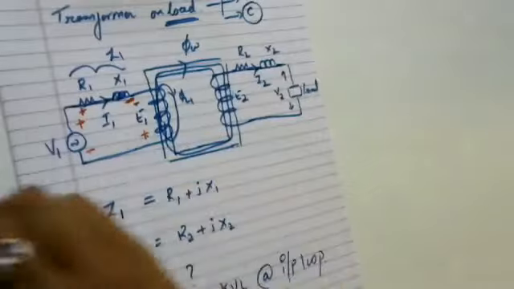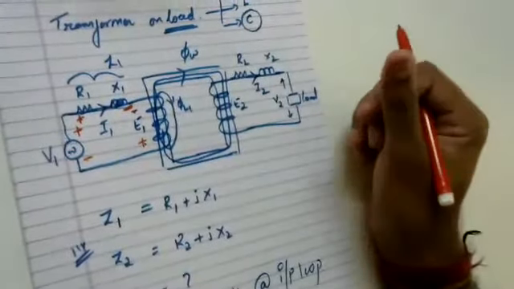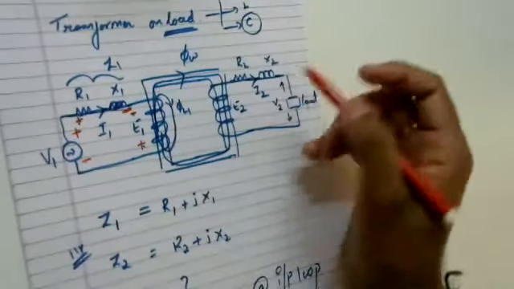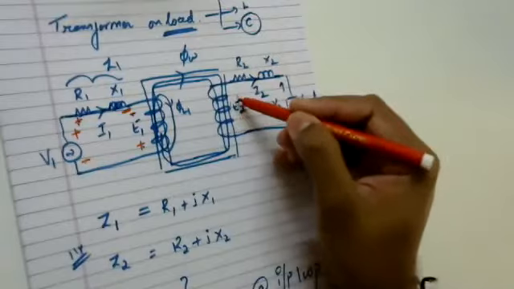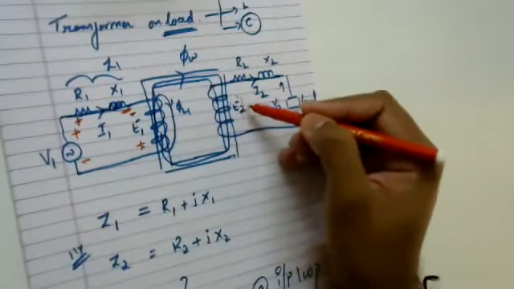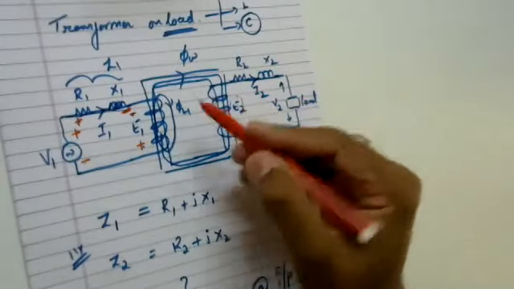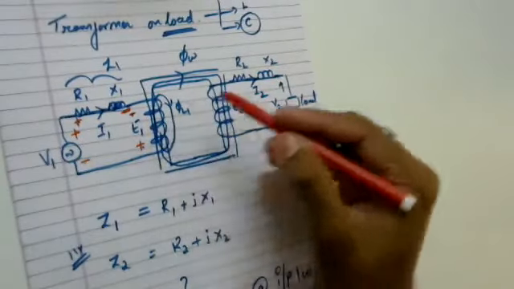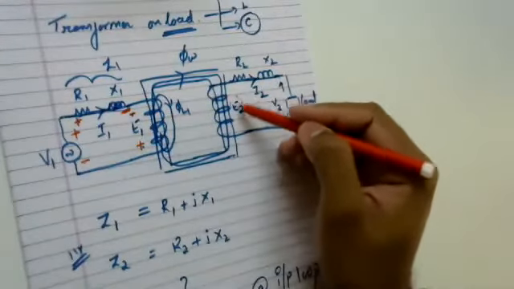Again, very important is how you are denoting the polarities. You need to understand that E2 is also an induced EMF, and E2 will have the same polarity as E1. Whatever is the polarity on E1, the same will be the polarity on E2.